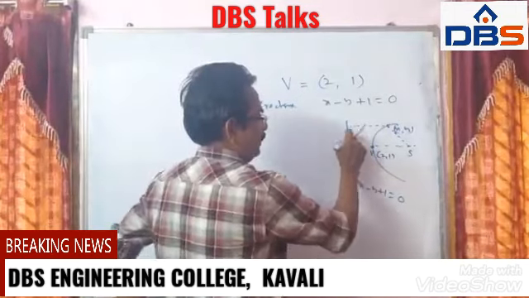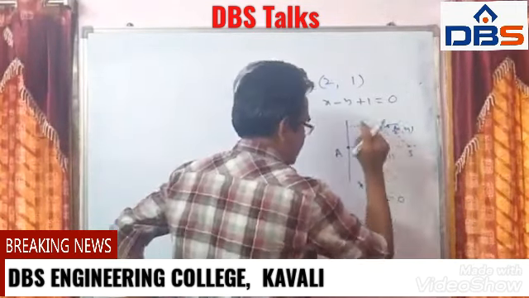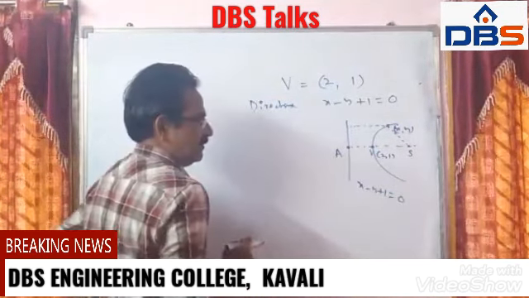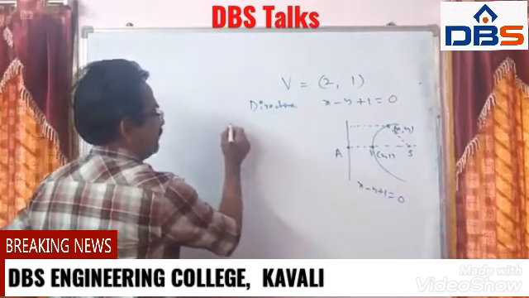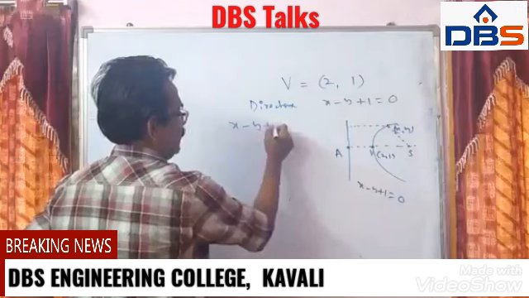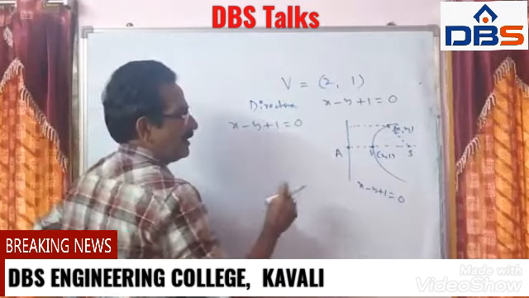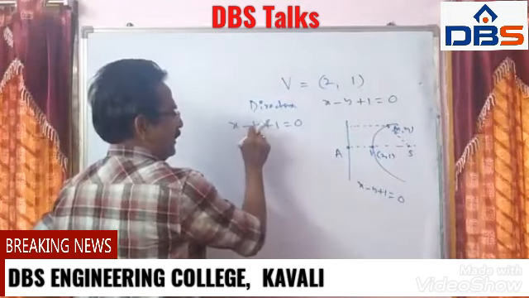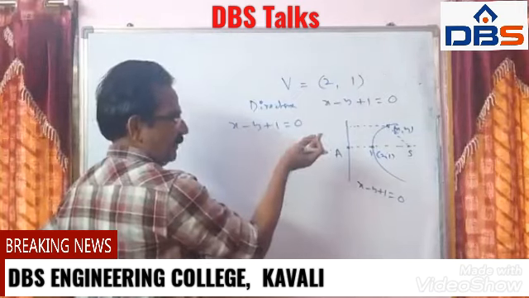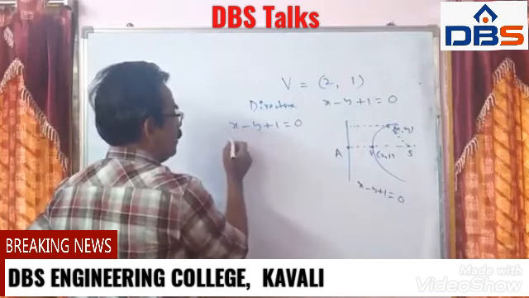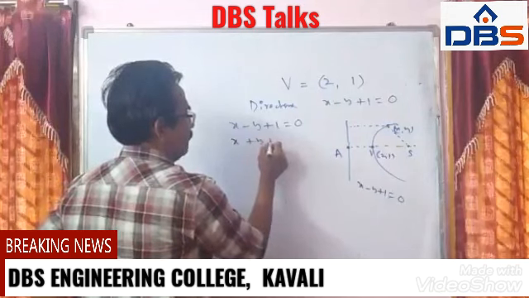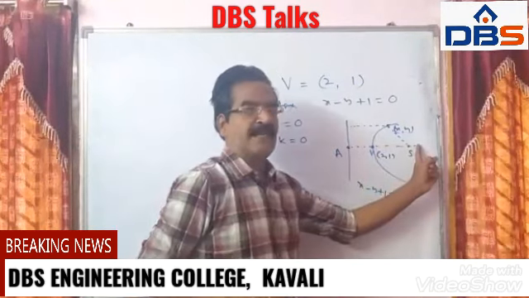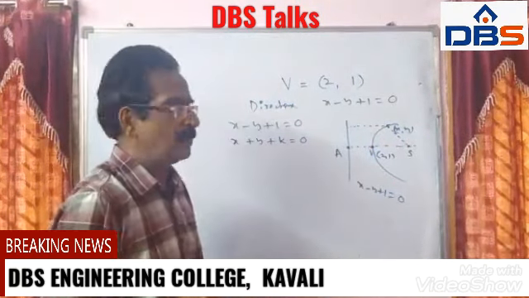This is the point of intersection of the directrix and this axis. We know the equation of the directrix, x minus y plus 1 is equal to 0. This line is perpendicular to it. Any line perpendicular to ax plus by is bx minus ay, so x plus y plus k is equal to 0.